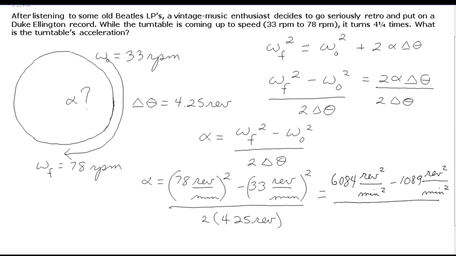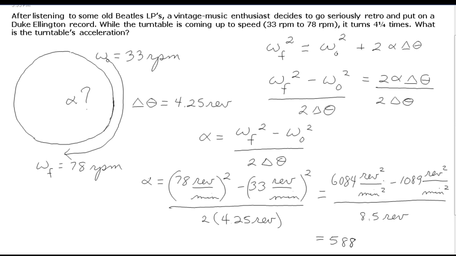And then we're dividing by 2 times 4 1/4, which is 8.5 revolutions. Now when I do the button punching for that, I get 587.65. But I started the problem with just 2 sig figs, so putting down 5 sig figs is really overkill. I've mentioned in class that I'm okay if you carry and present 1 extra sig fig, but we're not going to put down 5. So I'm going to round this off. Instead of 587.65, I'm going to round it off to 588.